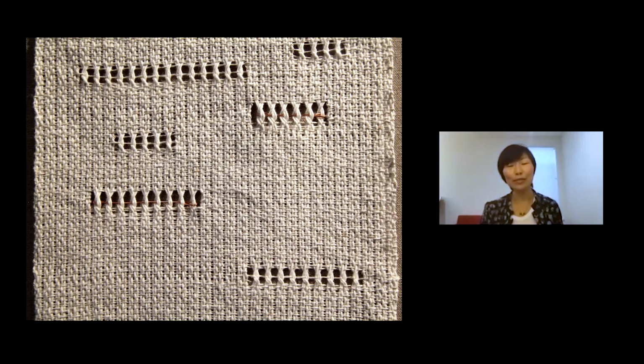Like Anni Albers would design different kinds of textiles to perform as wall coverings or as room dividers, and she had to take all these constraints into consideration to design these things.